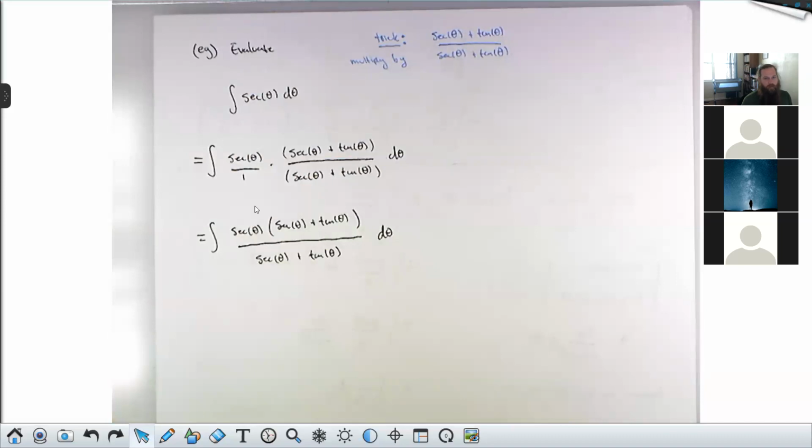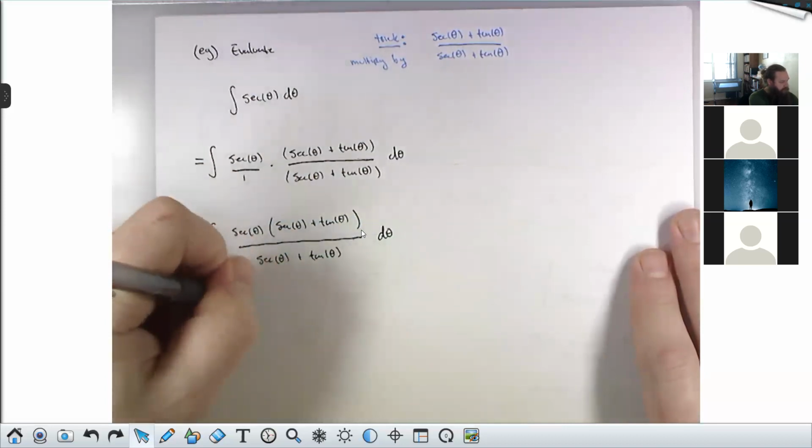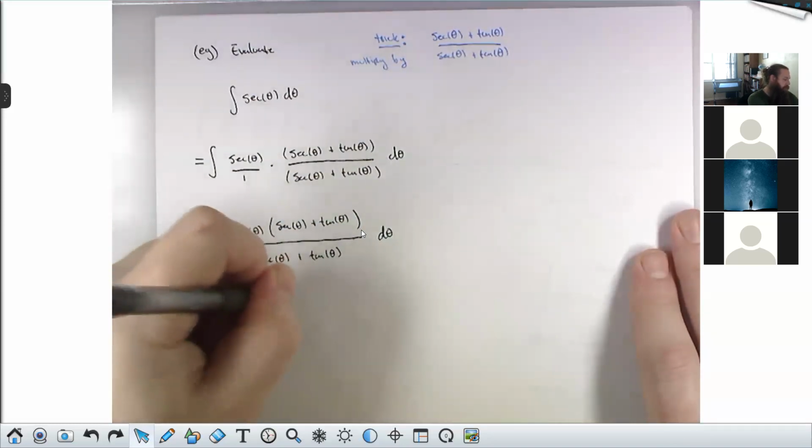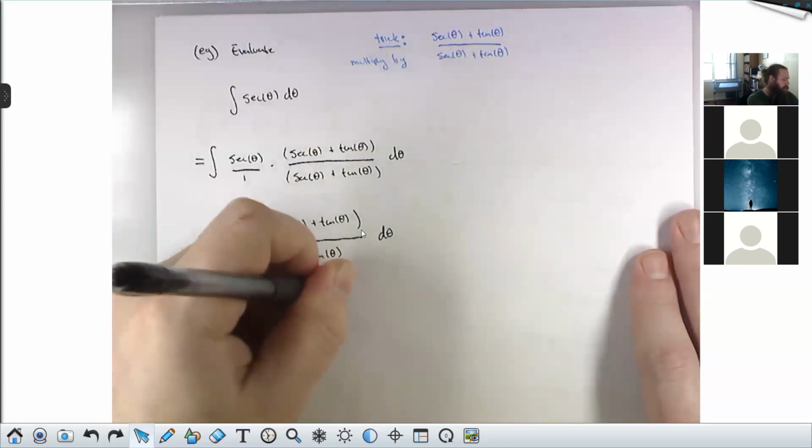And the magic comes in the next step. I distribute this secant across this secant plus tangent. And then we're going to sit back and look at the thing until something jumps out at us. Secant times secant is secant squared theta. Secant times tangent is secant theta tangent theta.